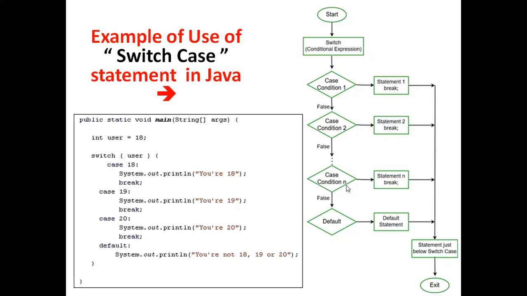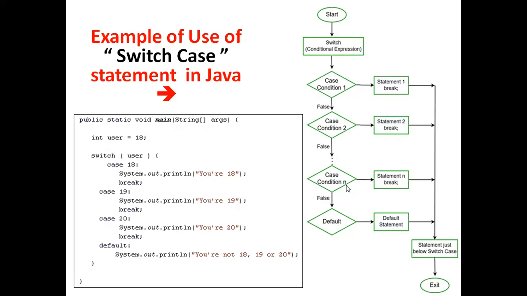Now in switch case we are checking the number: case 18, case 19 and case 20, and the default case. If all of these conditions are false, then the default will be executed. But as user has the value 18, case 18 will be executed.